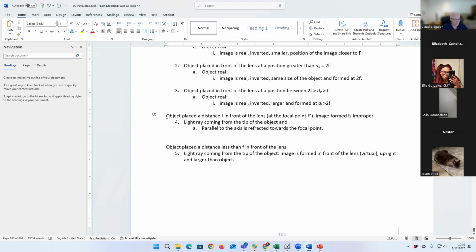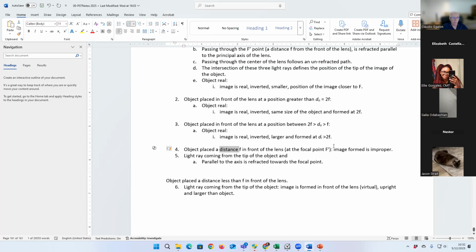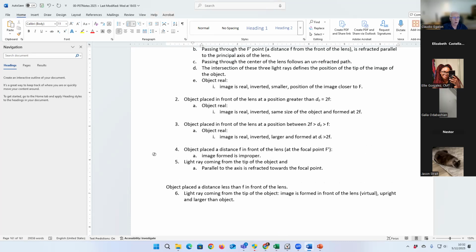Object placed at a distance f in front of the lens at the focal point f prime. Okay. Object, real.